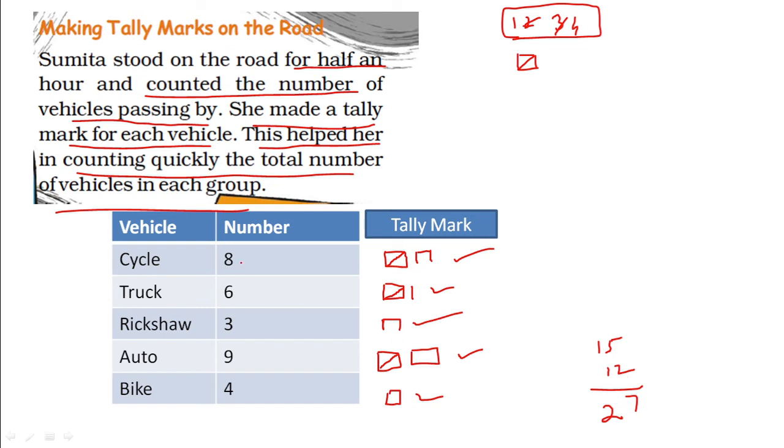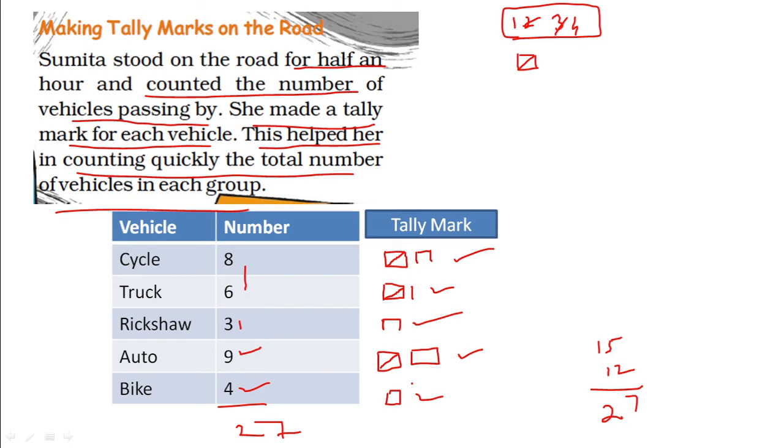You can add now: 8 plus 6, 14 plus 3, 17 plus 9, 26 plus 4... the total is 27. So you have noticed adding this is also easy.